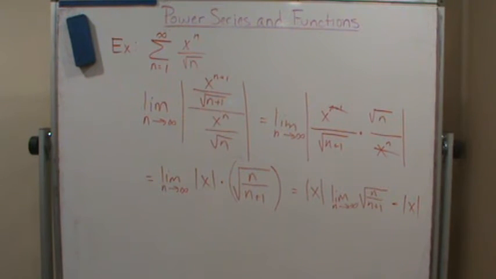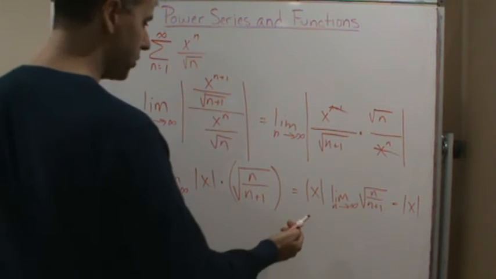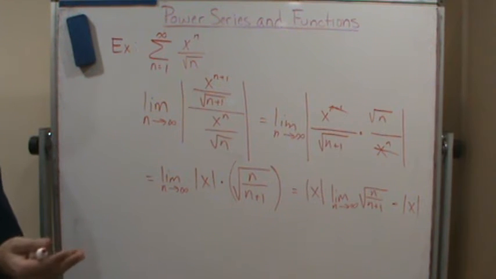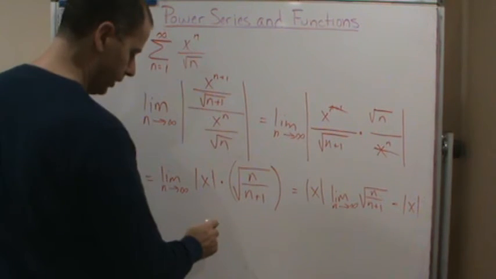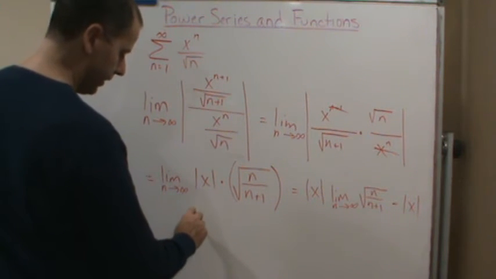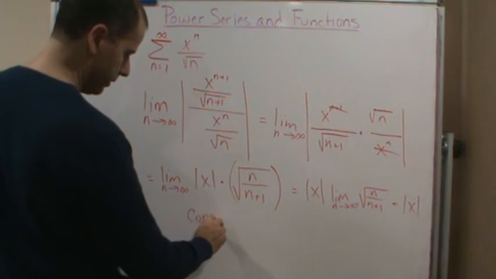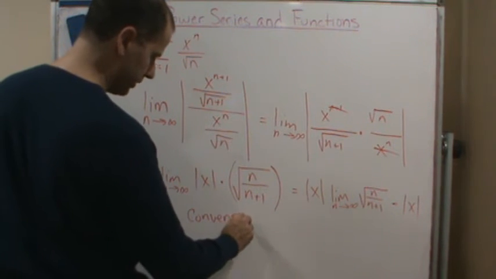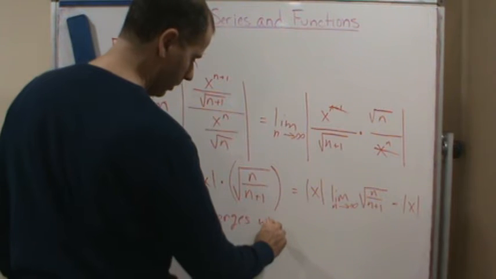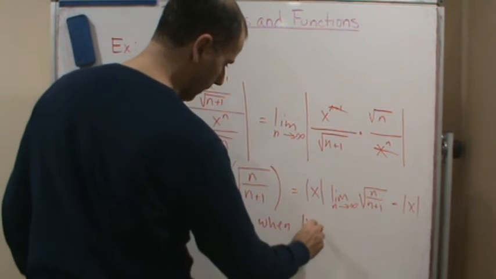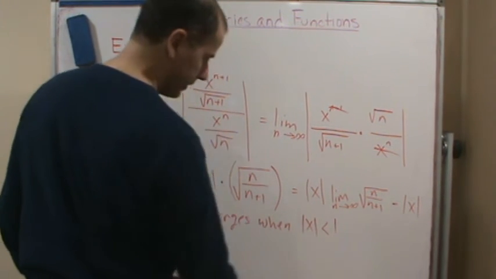Okay. So what does that mean? Well, this is convergent if it's what? Less than 1. So the series converges when the absolute value of x is less than 1.